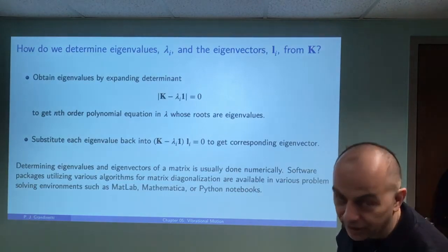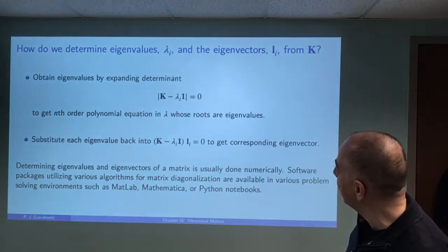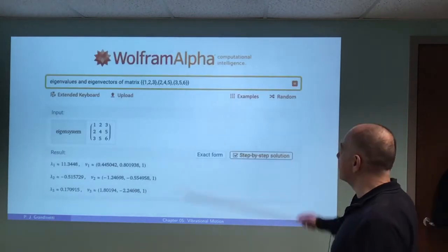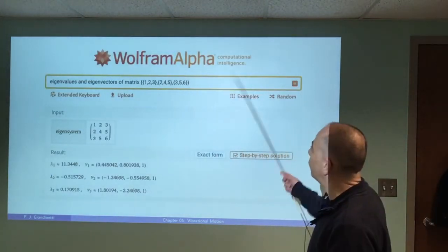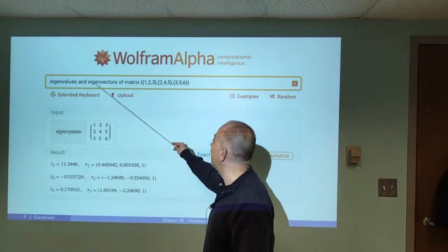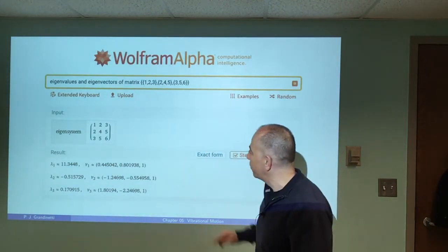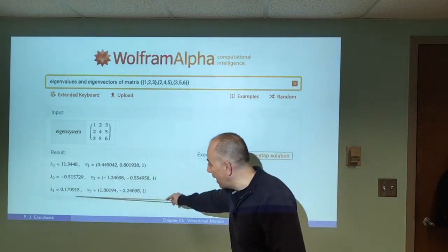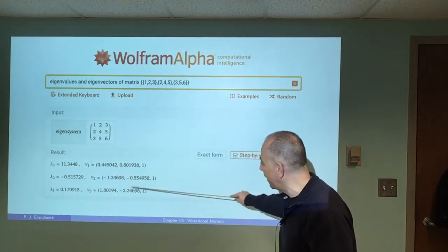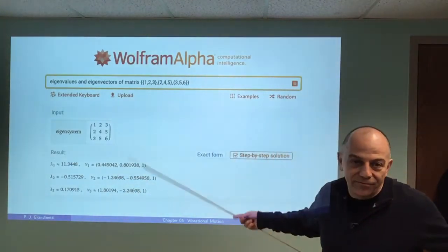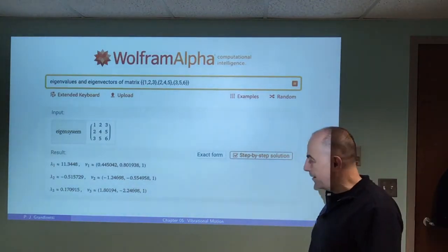You won't be trying to work this out on pen and paper analytically. For example, if you just went to Wolfram Alpha and said, give me the eigenvalues and eigenvectors of this matrix, and I wrote out the matrix, here it is, written out there, it will give you back the eigenvalues and the corresponding eigenvectors for each. Very, very easy to do it this way, all right?